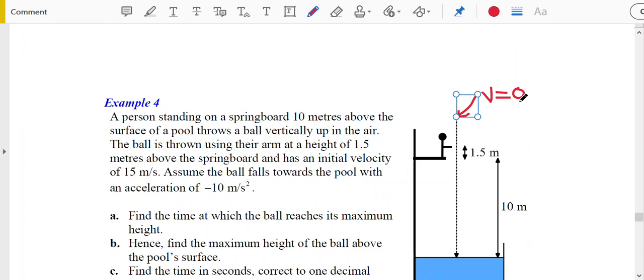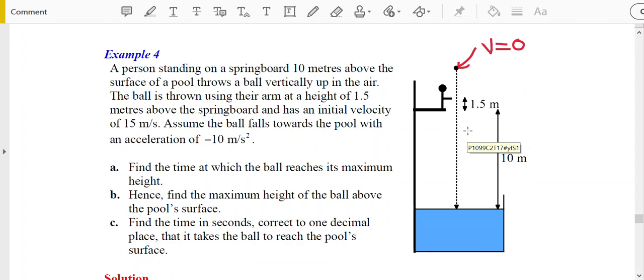And that's a really important piece of information you need to know. And it's not actually written into the problem. It's something you need to know about velocity. So very, very important here. Now, really I want to know the time it takes for the velocity to be 0, which is max height.